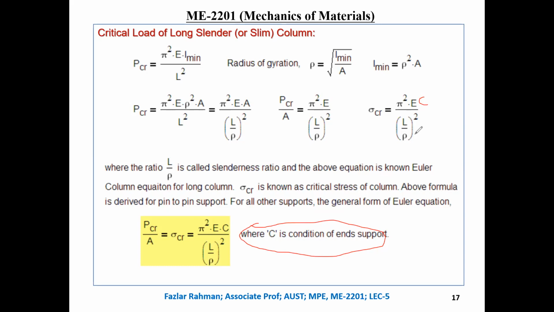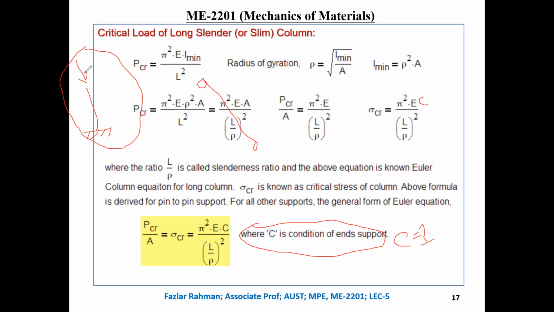So when you work with a pin-to-pin support column, you will put the value of C equal to 1. But for other end conditions, say you have one end fixed, other end free, this will be a weak column, so this will take less load. For this column, you need to figure out what its length would be if you want to exchange it with a pin-to-pin column.